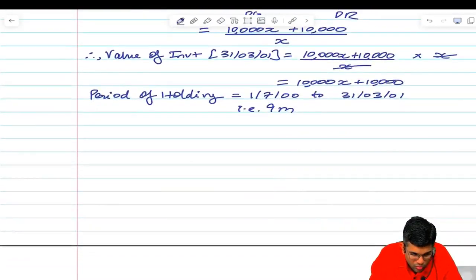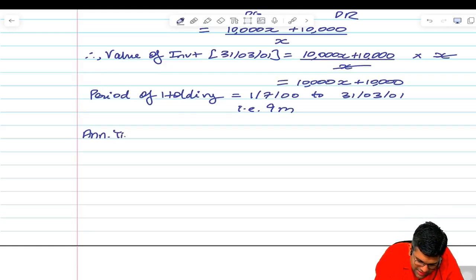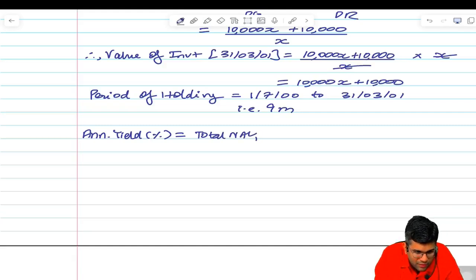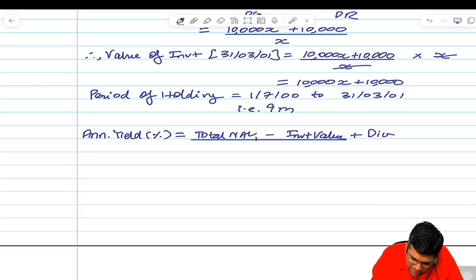Now, please listen carefully. The annualized yield will be the total NAV that you hold at the end of the period minus your investment value plus the dividend you receive, if any, the whole divided by investment value into 100.